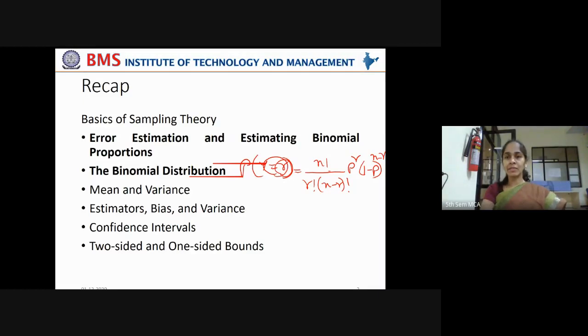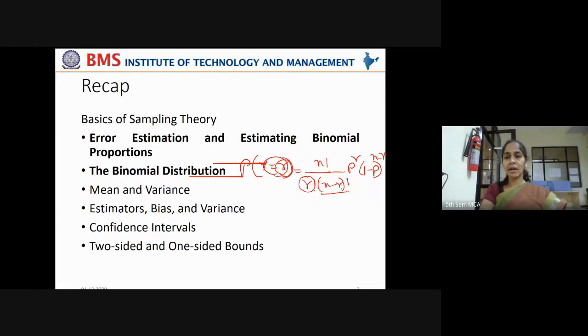That can be expressed as n factorial, the number of coin tosses factorial, divided by r factorial, the number of times head is seen on top, and n minus r factorial, the number of times tail is observed, the opposite of the event we are interested in.